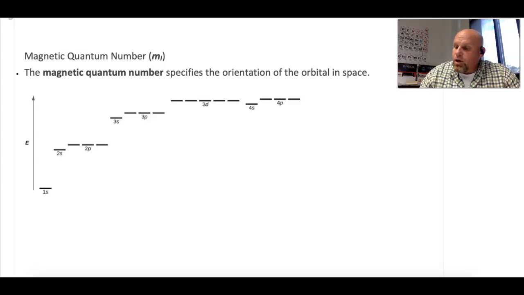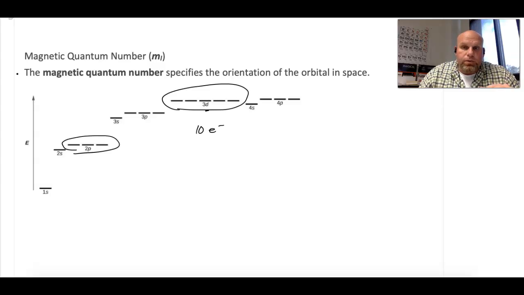The reason for that was because it had 3 orbitals. A D could hold 10 electrons, so each orbital can hold 2 electrons, which we'll see in our final quantum number in a second. But each orbital, you may recall, can hold 2 electrons. So if I have a D subshell that can hold 10 electrons, that means it has 5 orbitals.